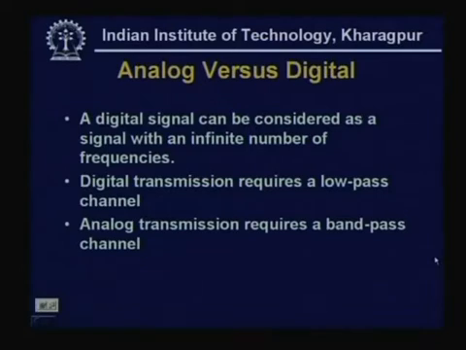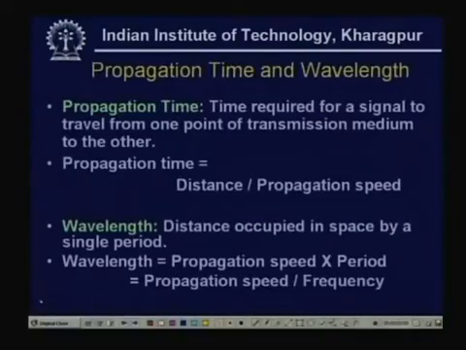Now whenever we are sending an analog signal, the bandwidth is restricted within a certain range. On the other hand, whenever we are sending a digital signal, the bandwidth is very large. So this can be represented in two forms.